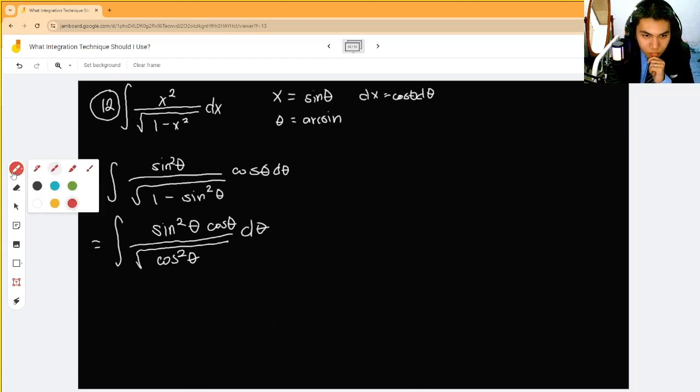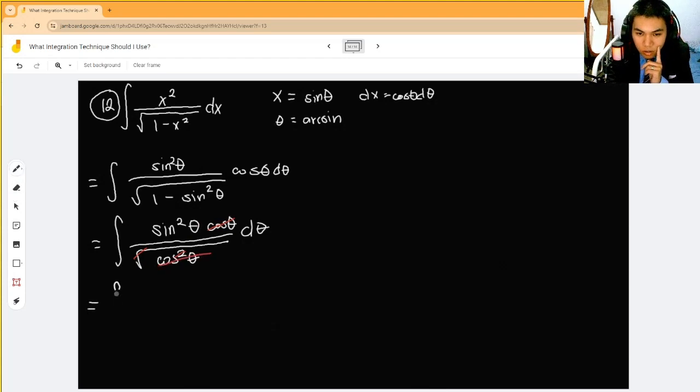Now, we can cancel cosine, right? And then the root cancels as well. We can cancel the root first. And we're left with cosine theta, and cosine theta is right there as well, so we cancel this as well. So we're actually just integrating sine squared theta, right?